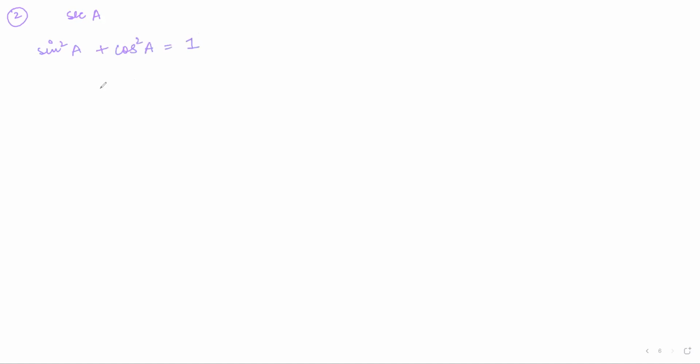I want to find sine A, so I keep sine square A on one side, and it becomes 1 minus cos square A. Because I want everything in terms of sec, I convert cos to sec. So this becomes 1 minus 1 upon sec square A, right, Abdullah?